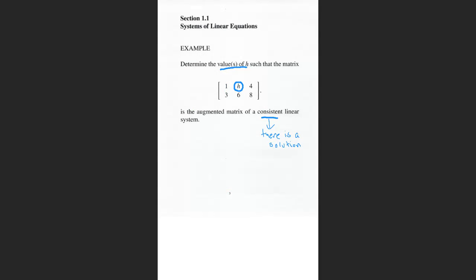Okay, so determine the values of h such that this matrix is the augmented matrix of a consistent linear system. Well, let's do that. Here's our solution. I have to reduce the augmented matrix down enough so that I can answer the question. It'll be helpful if we had a 0 in this spot where the 3 is.